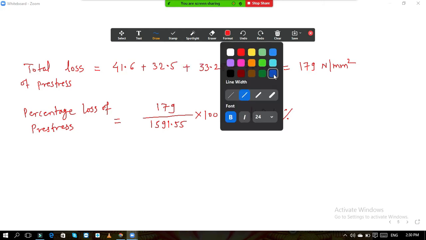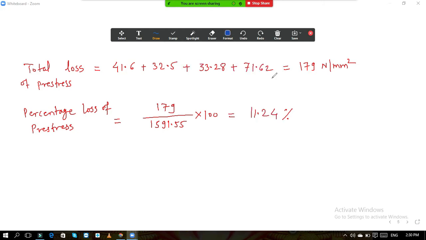And if further, in the problem, they ask you, suppose now calculate the final stress in steel. If in this way they ask you, then how to calculate the final stress in steel?